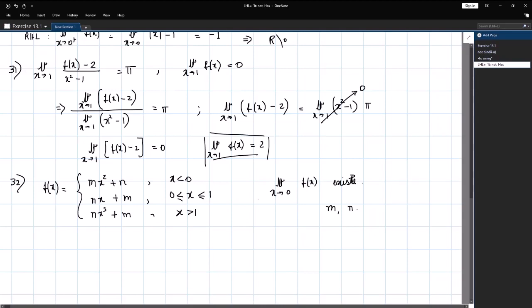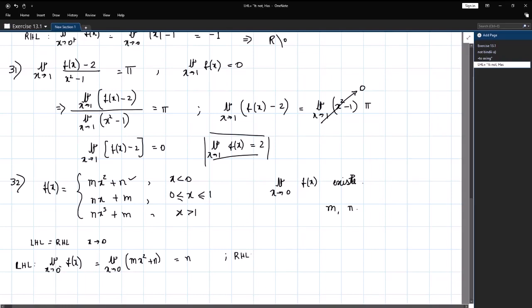So if this exists, it means that the left hand limit will be equal to the right hand limit when x is tending to 0. Left hand limit is x tends to 0 minus of f of x. So we'll have to use this equation, that is nothing but limit x tends to 0 of m x square plus n. So if we substitute x equal to 0, the left hand limit is equal to n.